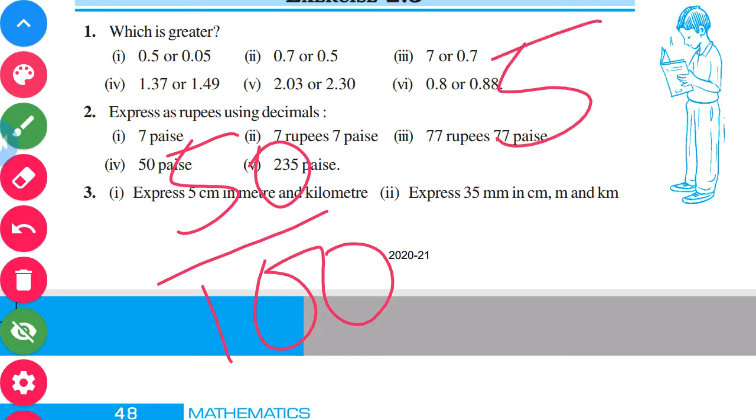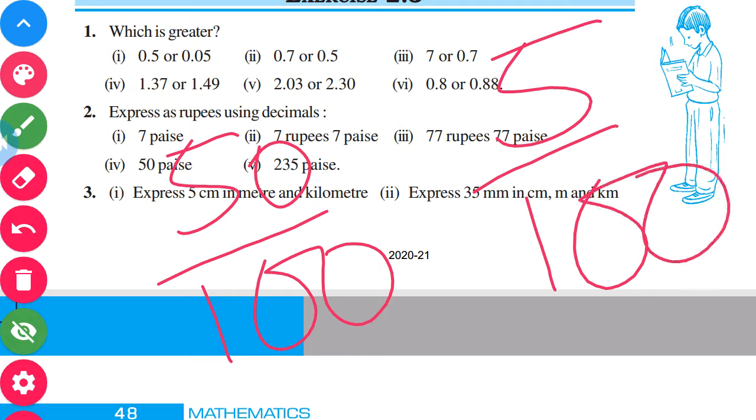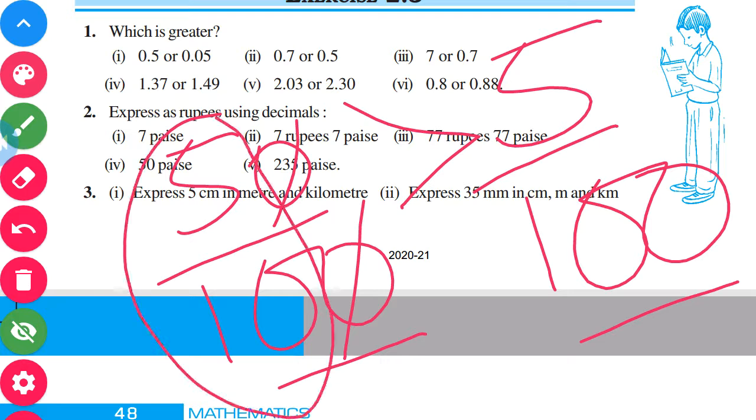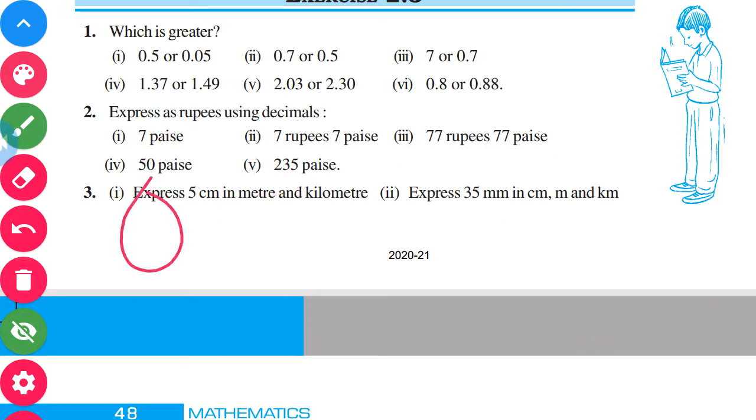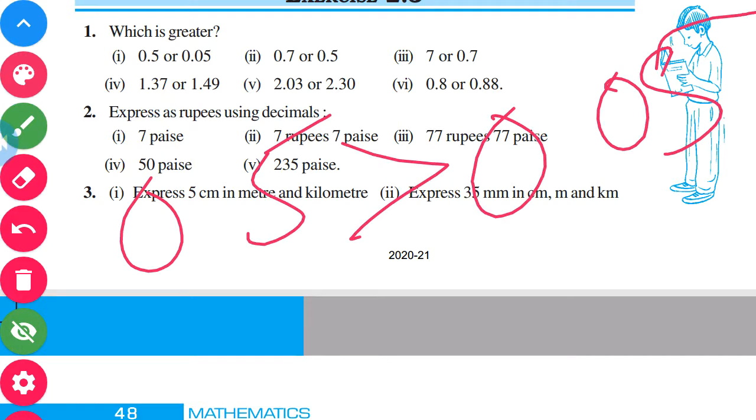The same thing, 5 by 100, I keep as it is. Now the denominators are the same, so I can compare. Which is greater, 50 or 5? Of course, 50 is greater. If you cancel the zeros, you still get 5 by 10, which is 0.5. So 0.5 is greater than 0.05.